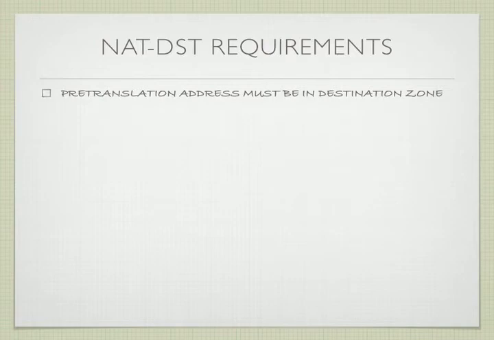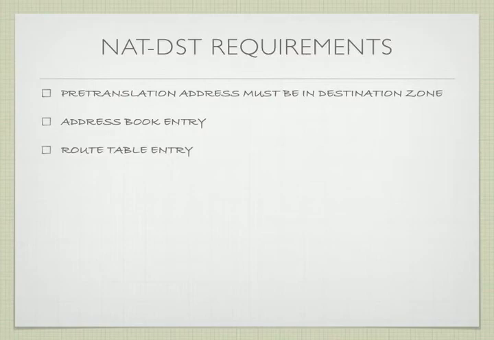Now you can just as easily create the same access as an untrust to untrust policy, in which case the public address object is created in the untrust zone. But when you create that address object, you're making a decision as to the zone-to-zone policy that you're about to create. So your pre-translation address object needs to be placed into the destination zone that you're going to write the policy for. So once you have that address, you create that address book entry in the zone you've decided you're going to write your policies.